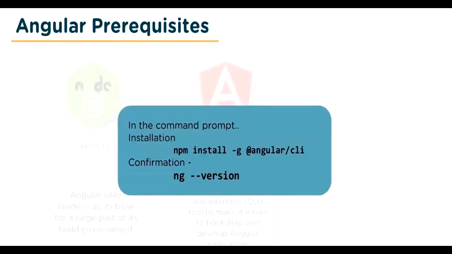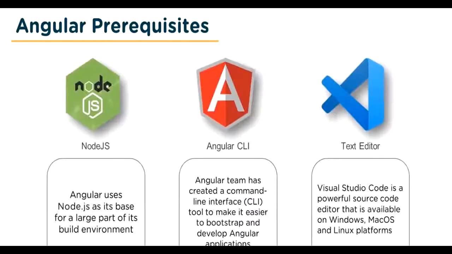Keep in mind, before angular you have to prefix with the at sign. The third main part you need to have in your system before creating the Angular app is an IDE or text editor. In our case we are using Visual Studio Code, so go ahead and download it on your machine from the official website.